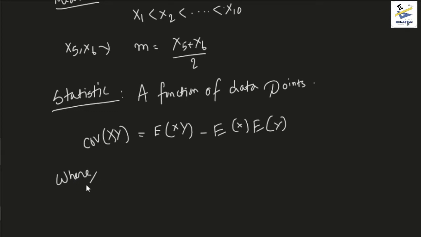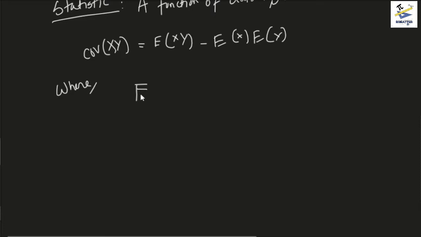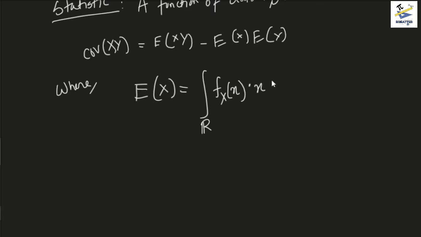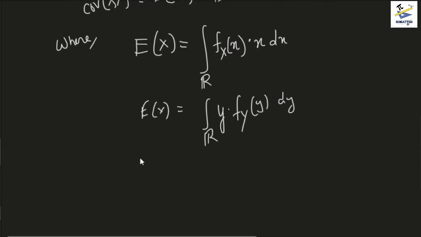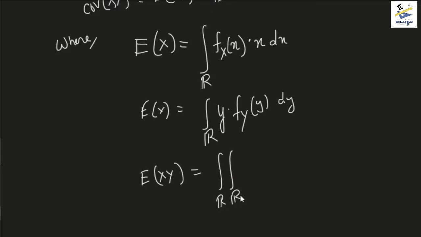Where E of Y is defined as the integral over all of R of y into f of y dy, and E of XY, on the other hand, is basically a double integral, where f_XY of x comma y is the joint distribution of X and Y.